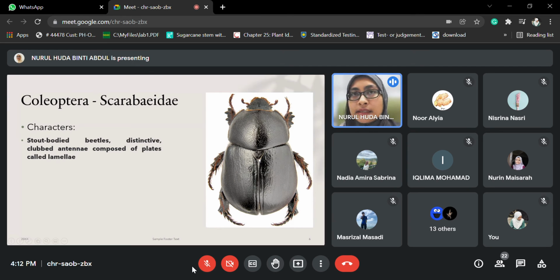Usually it's very distinct in hemipterans. Sometimes not in scarabs, but for this picture you can see this part. Okay, other things?